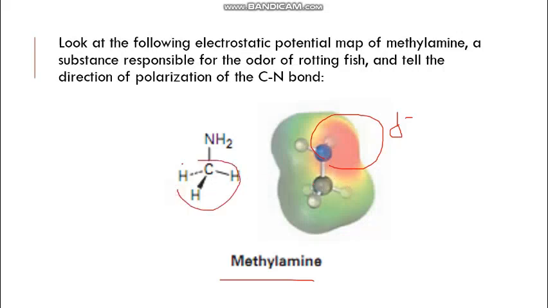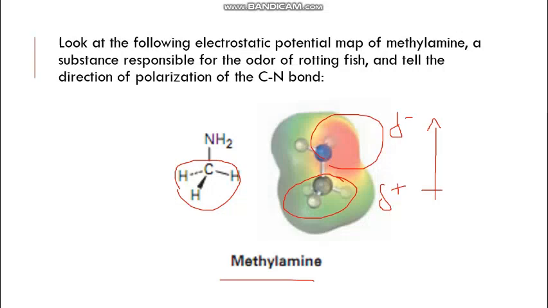Yung ating carbon naman, ibig sabihin siya yung electron poor, so meron siyang partial positive na charge. So, the direction of polarization is upward. Okay? That's how useful the electrostatic potential map is.